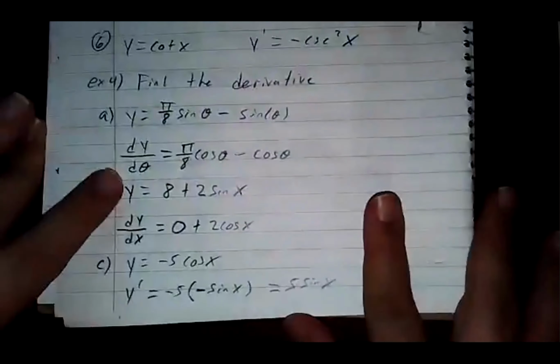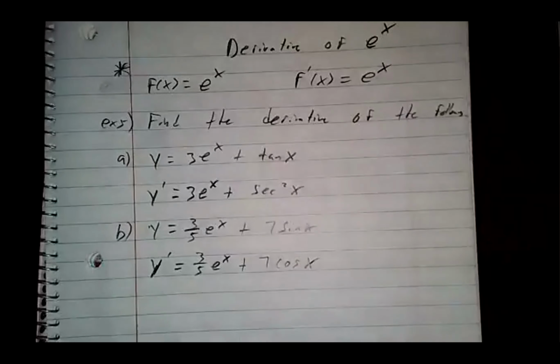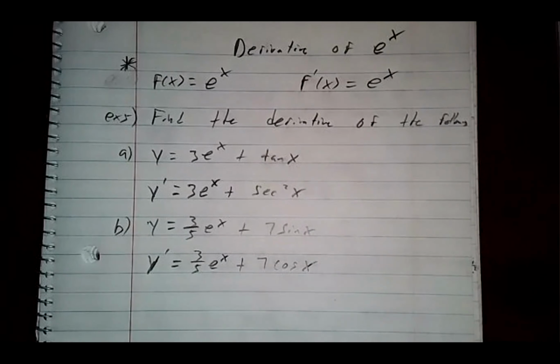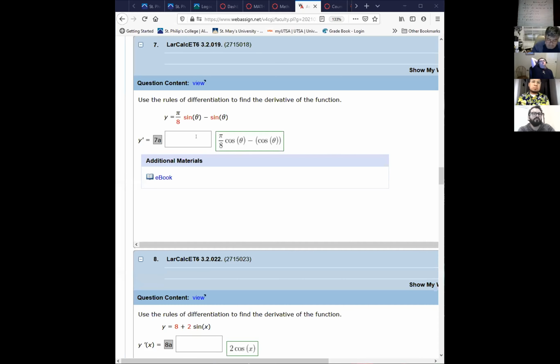Okay, so someone had a question over here. On number 7, I had the exact same question as you, and I got the same answer, but whenever I try to type it in, it keeps counting it wrong. I don't know why. What did you type in?